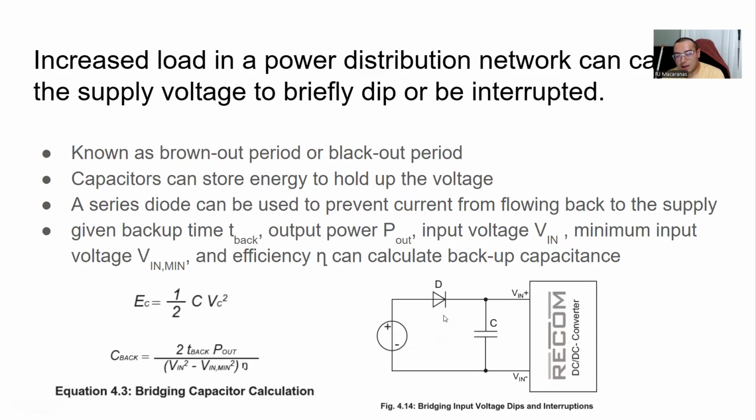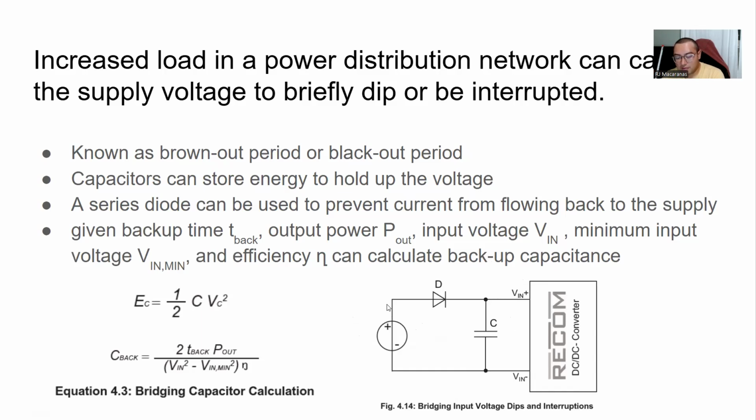And one thing to note is that in order to achieve this holdup with the capacitor, you will need a series diode, because otherwise current will want to flow from our input terminals back into the source, right? Maybe our input voltage is nominally 10 volts, but our source, for whatever reason, drops down to 5. Well, the capacitor will hold up the 10 volts for some amount of time.